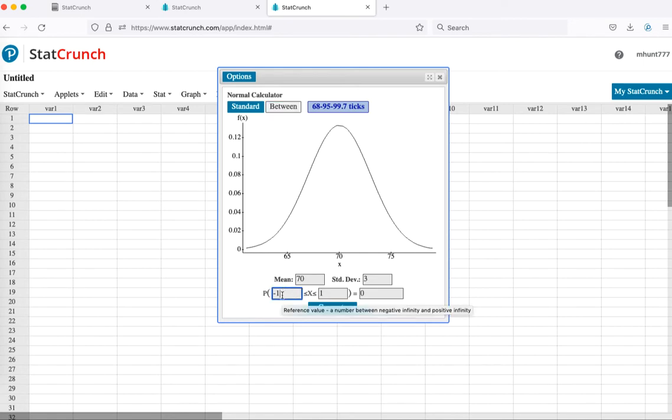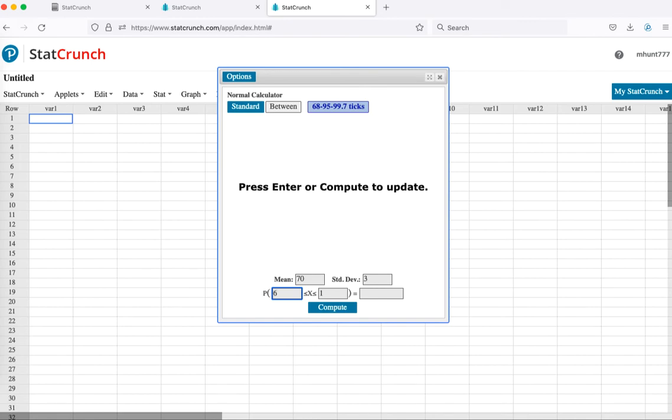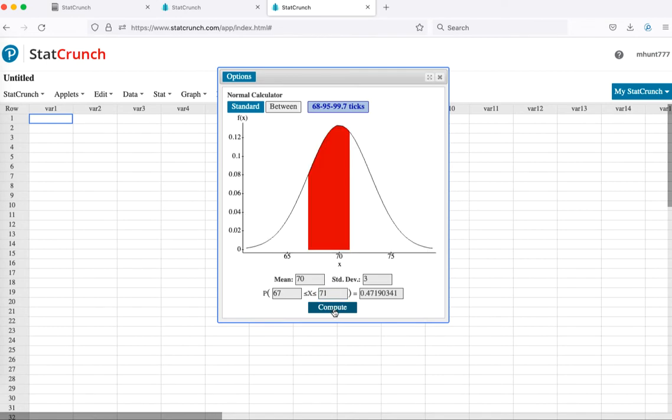We want in between 67 and 71 inches. And once again, we're going to hit compute. So if we change this to a percent, it is 47.2%. The 9 bumps this up to a 2. 47.2% of the males have a height between 67 and 71 inches.